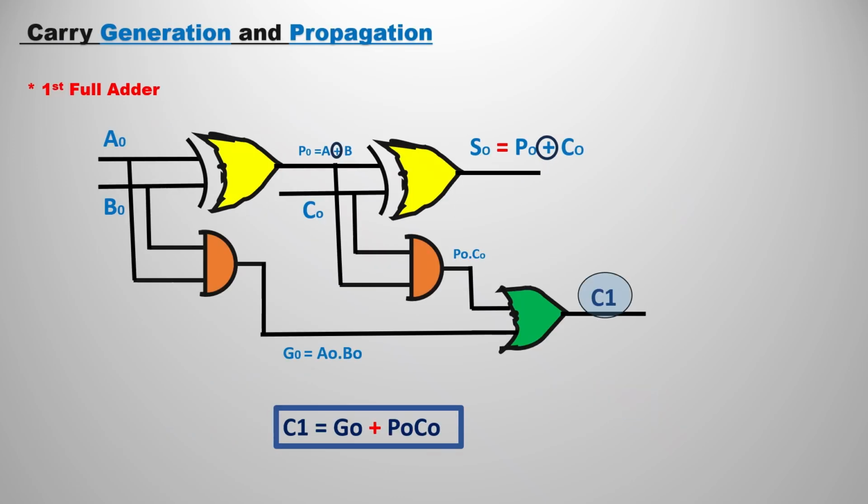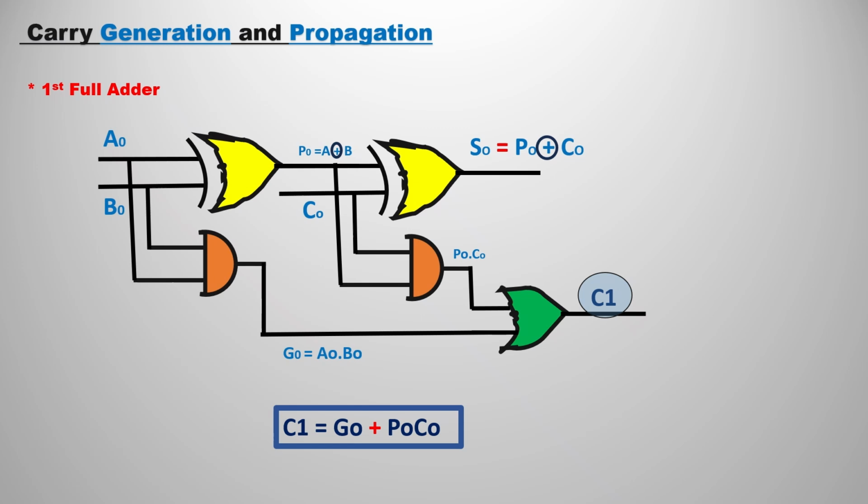Now it's time to construct the 4-bit CLA, that is the 4-bit carry look ahead adder. For that, we are going to look at the first full adder. We are passing A0, B0. In the position of P0, we assume A0 XOR B0. And down here, G0 is equal to A0 into B0, because we already observed that G is equal to AB and P is equal to A XOR B. So we replace A0 B0 with G0 and A0 XOR B0 with P0.